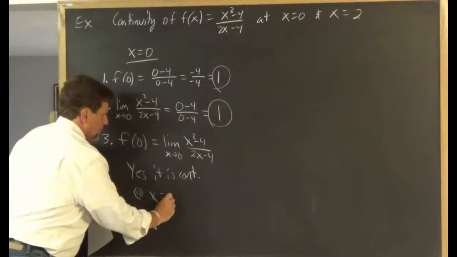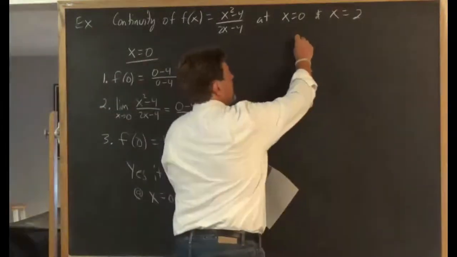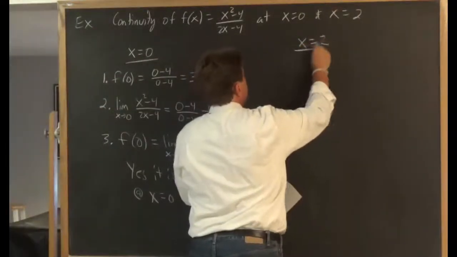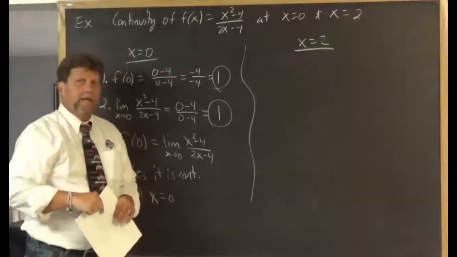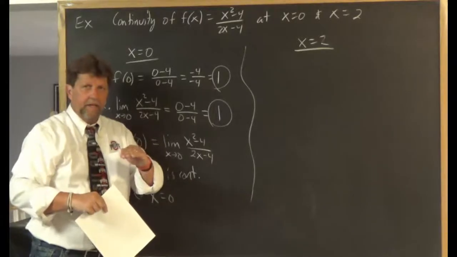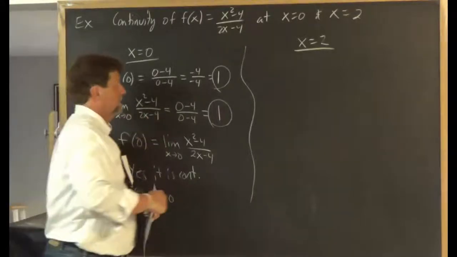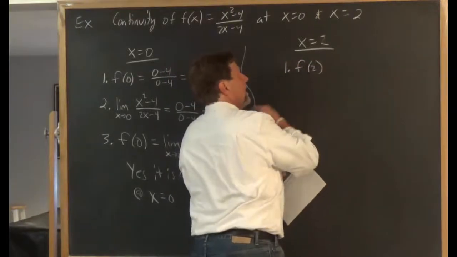All right, let's check it out at x equals 2. Is the function continuous at x equals 2? We go through our three items on our checklist. Thing 1, is f of 2 defined?